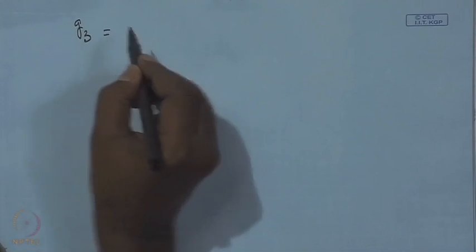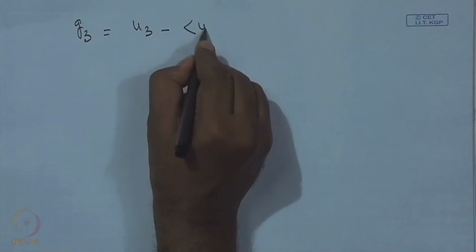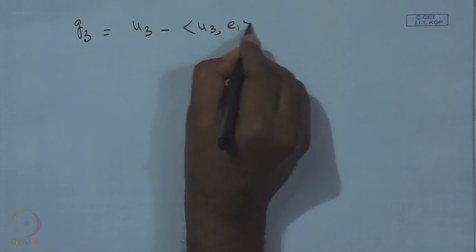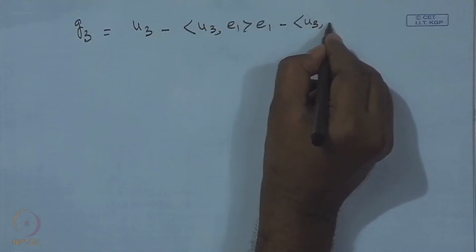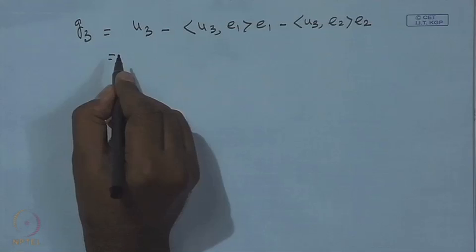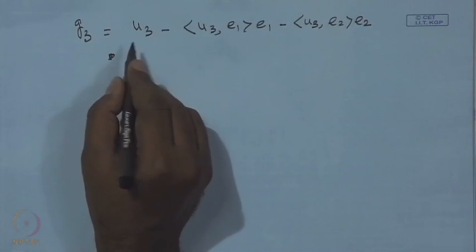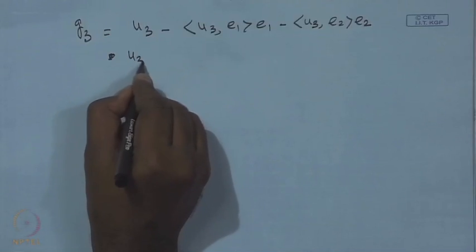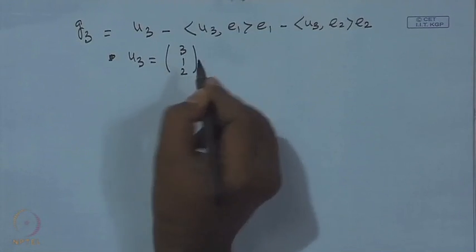Next, we will be calculating the third vector G3, and if you remember, G3 is nothing but U3 minus inner product of U3 and E1 multiplied by E1 minus inner product of U3 and E2 multiplied by E2. So, for the sake of ease in following, we just write down the values of these vectors.